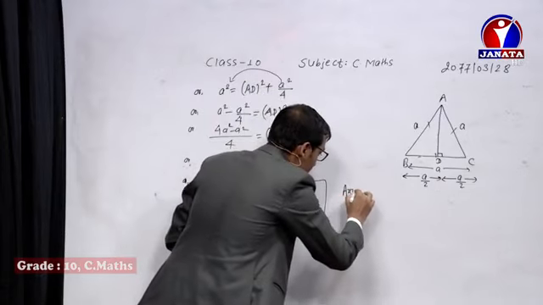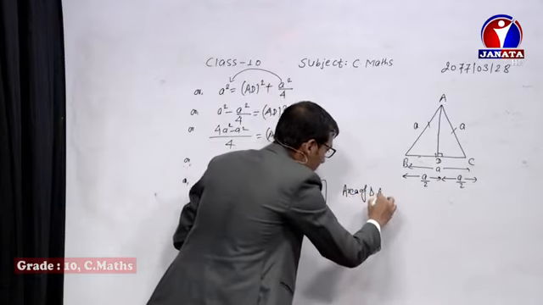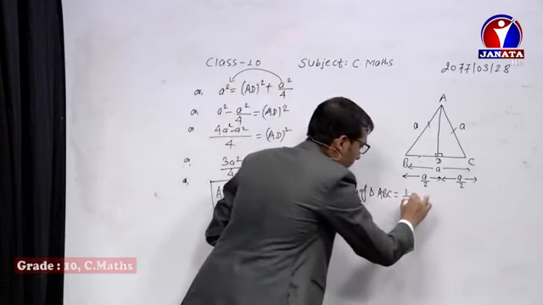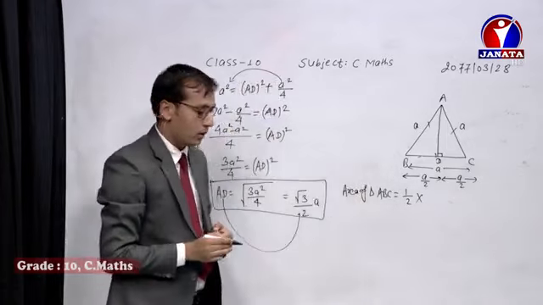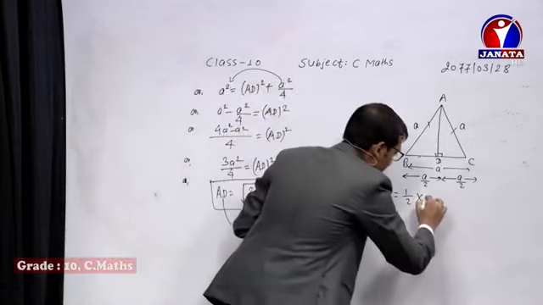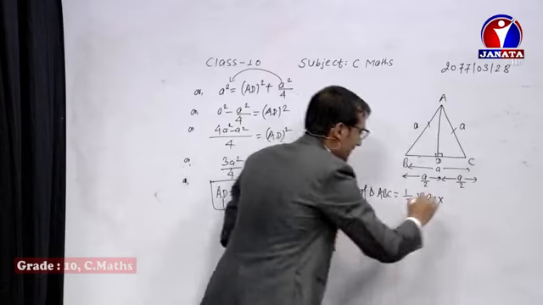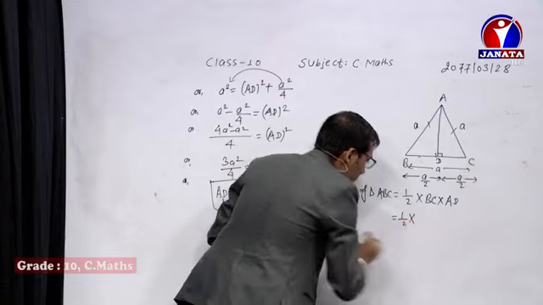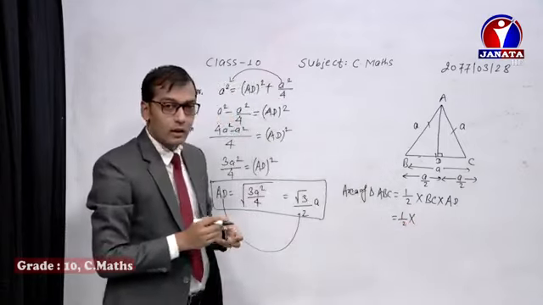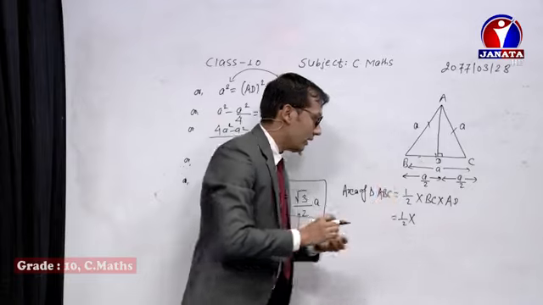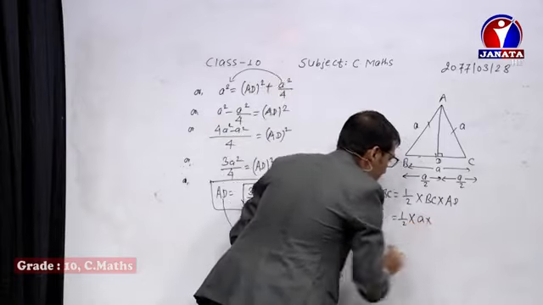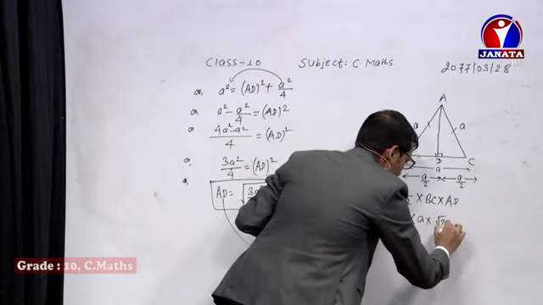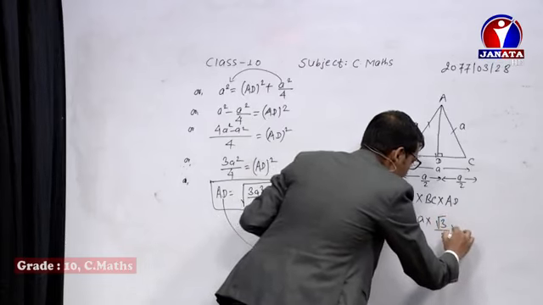The area of triangle ABC is 1 by 2 times the base BC times the height AD. So 1 over 2 times, what is the length of BC? It's A, times what is AD? AD is square root of 3 over 2 times A.